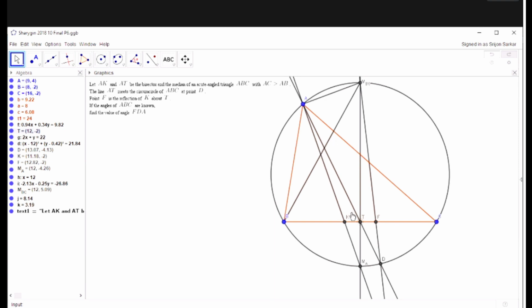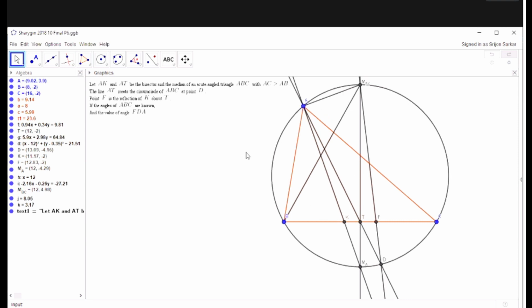Here you note that AD passes through T, and M sub BC and M sub A pass through T as well. Clear? Note that M sub BC and M sub A are points on the circumcircle. Also A and B are points on the circumcircle. The fact that all of them lie on the circle is quite important.